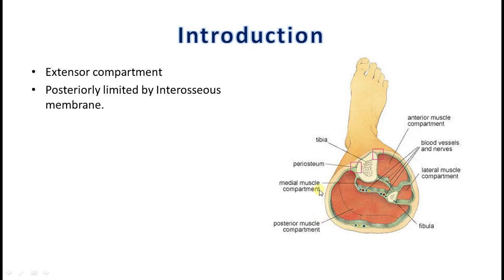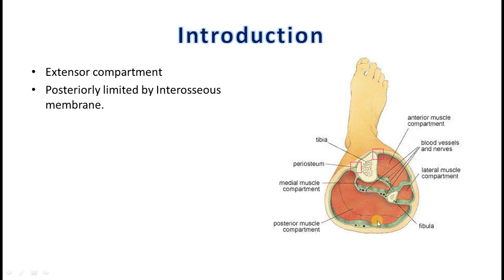With respect to the posterior compartment, the muscles are arranged in two layers, superficial and deep, with an intervening intermediate septum, so the whole posterior compartment is divided into two strata.